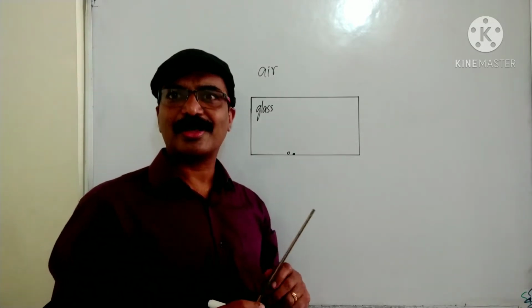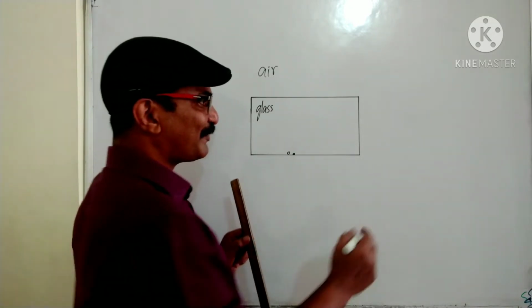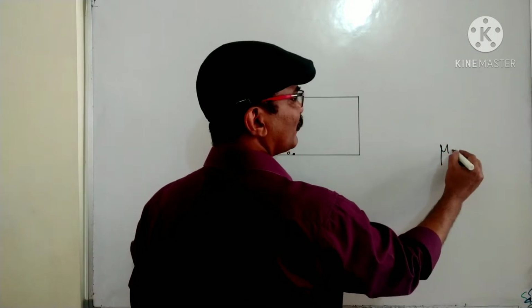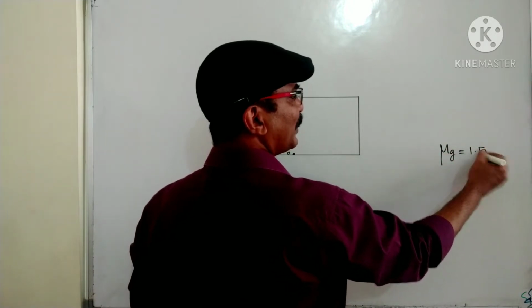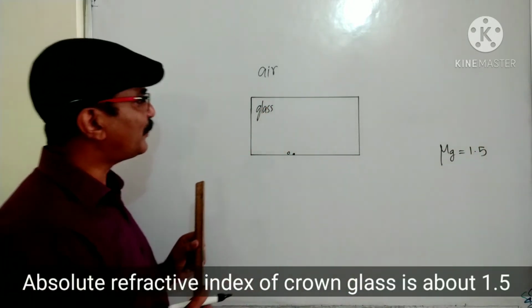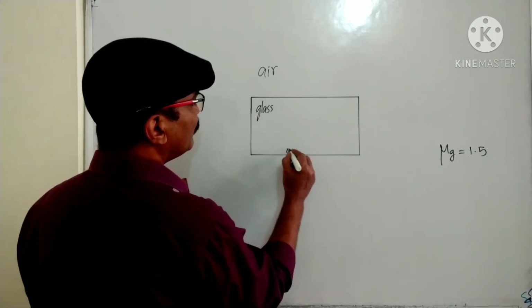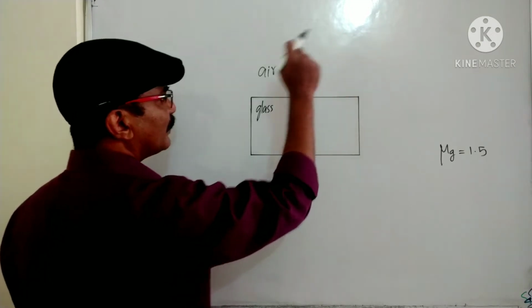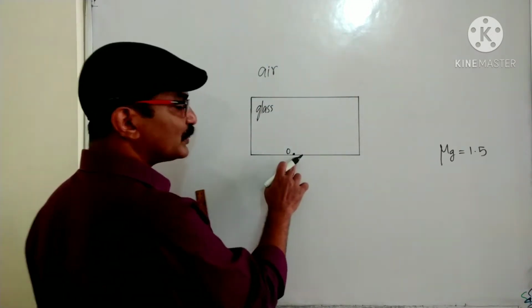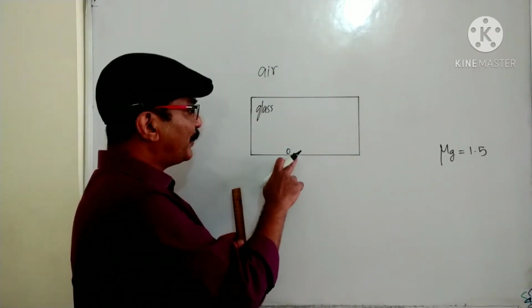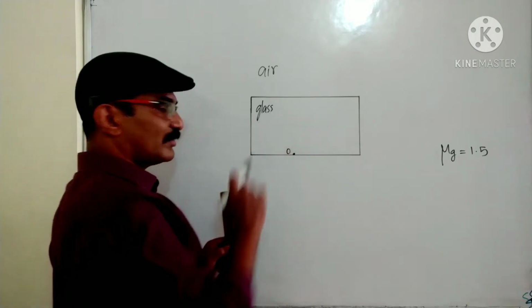Refractive index of glass, do you know that? Refractive index of glass is equal to 1.5. Okay. When this object is observed from a rarer medium like air, the position of object appears to be raised.